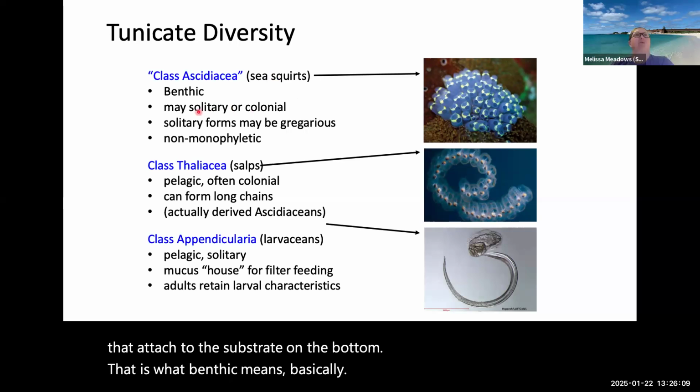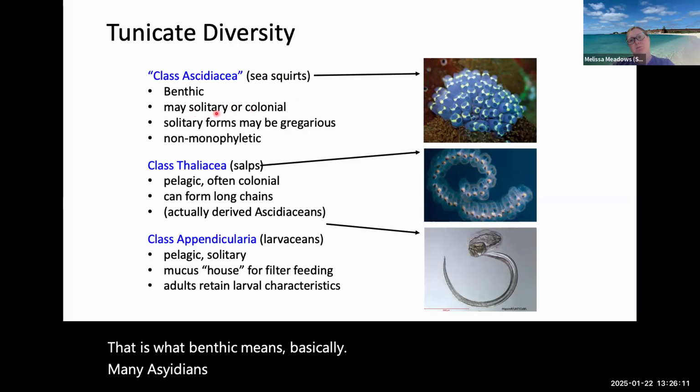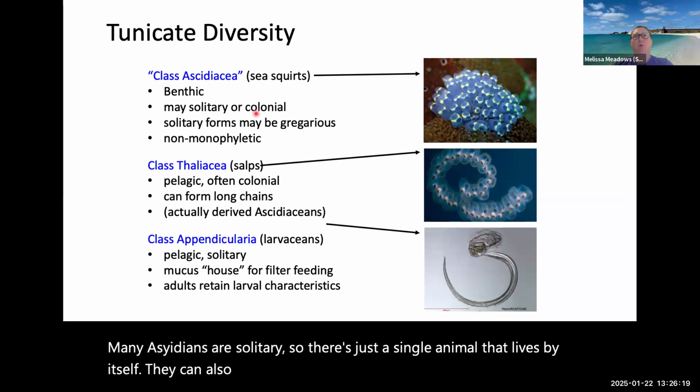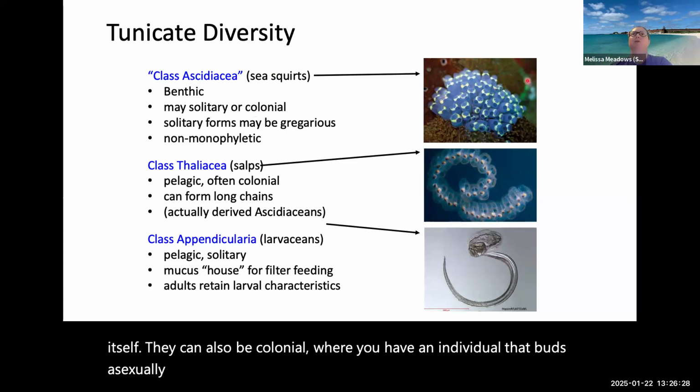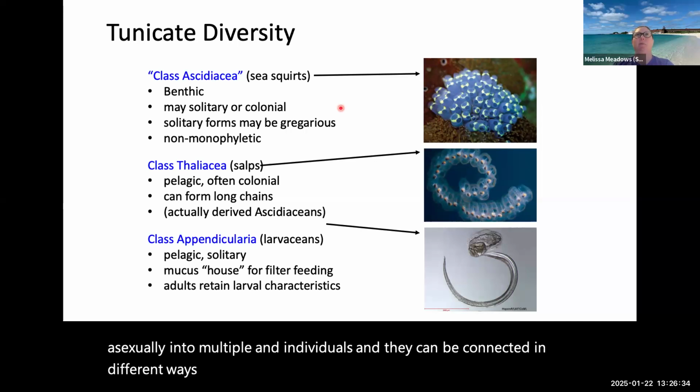Many ascidians are solitary. So there's just a single animal that lives by itself. They can also be colonial, where you have an individual that buds asexually into multiple individuals. And they can be connected in different ways, which we'll talk about in a little bit.